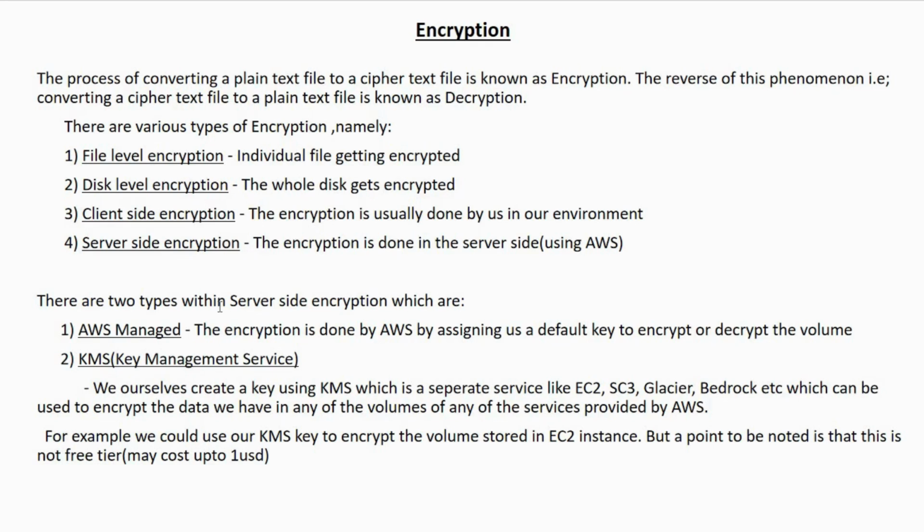Client side encryption is the encryption that is done by us, whatever we do to encrypt the disk or file, whatever it is. And server side encryption is done on the server side. Since we are working in the AWS cloud, AWS does the encryption.